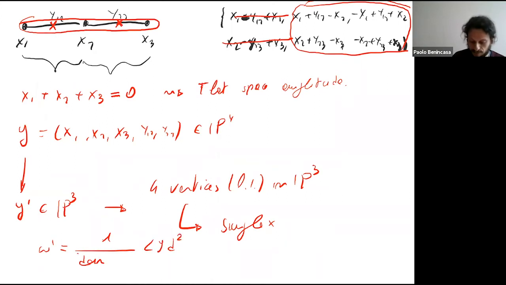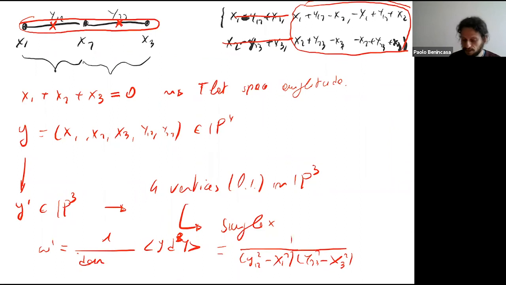If you compute the singularities identified by these four vertices, you will discover that the denominator is nothing but y12 squared, x1 squared, y3 squared minus x3 squared, where I erased x2.